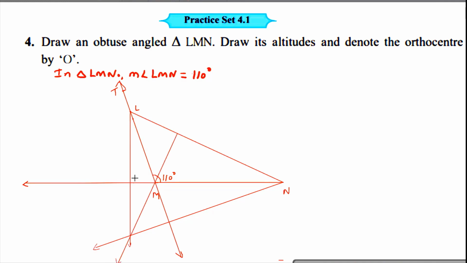Show the arrow. We know that all of these altitudes are perpendicular to the opposite side, so this angle is 90 degrees. Show the sign here.